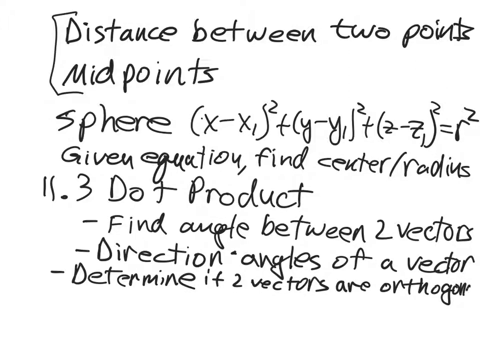If they're orthogonal, what happens? They're perpendicular. Okay, perpendicular. How do we show whether they're orthogonal or not? It's 0, right? Dot product is 0 for orthogonal vectors.